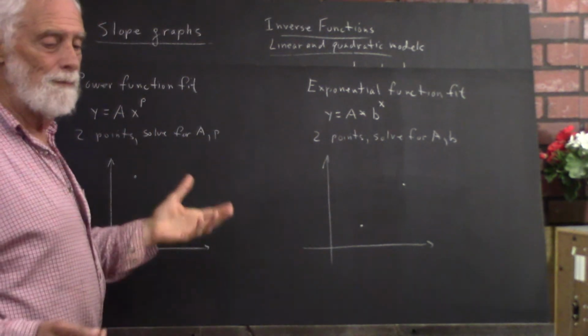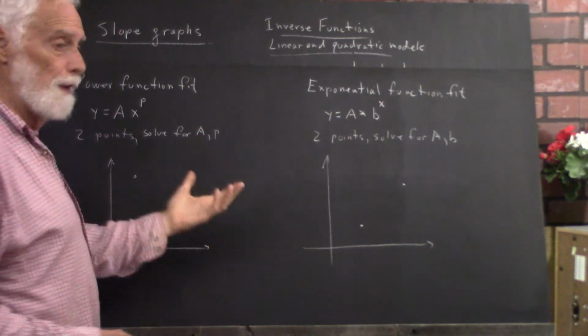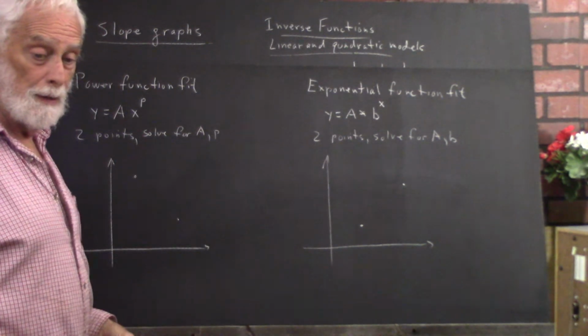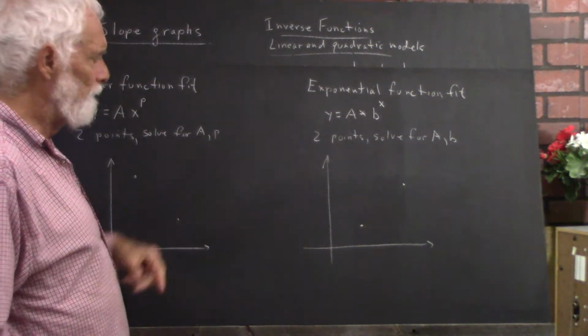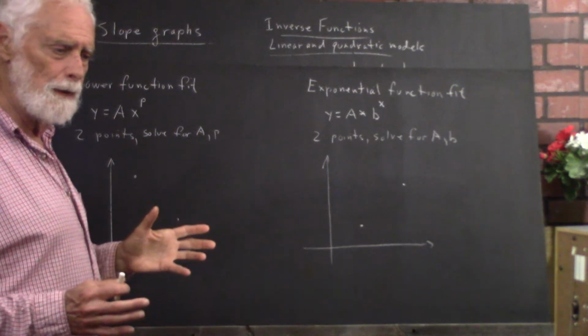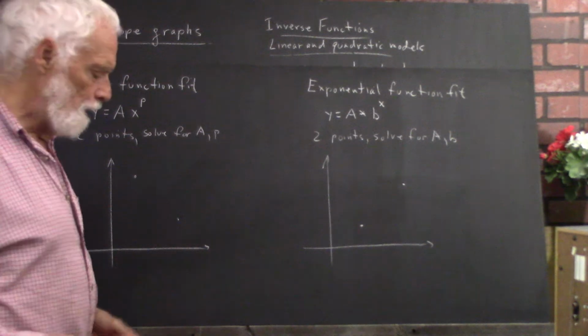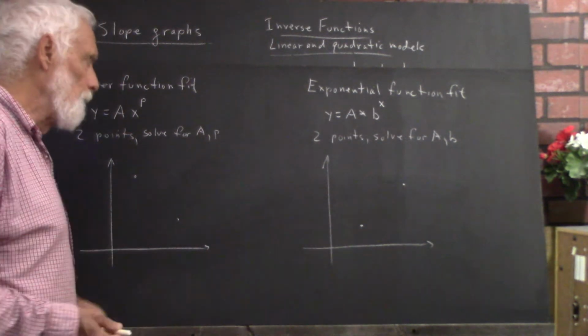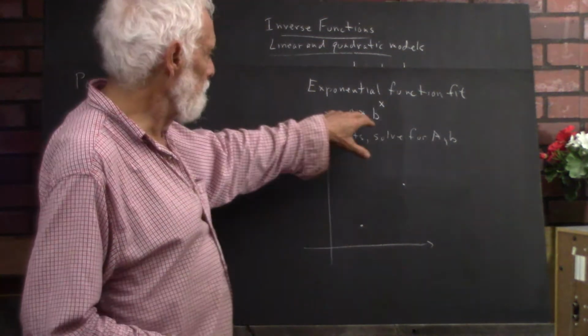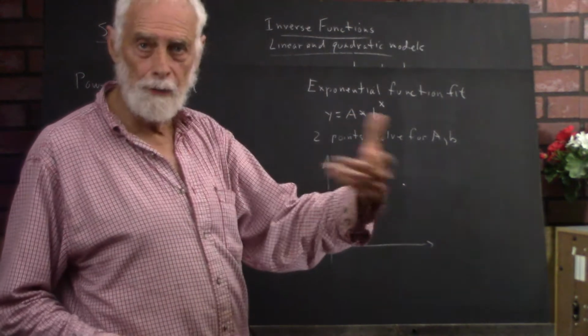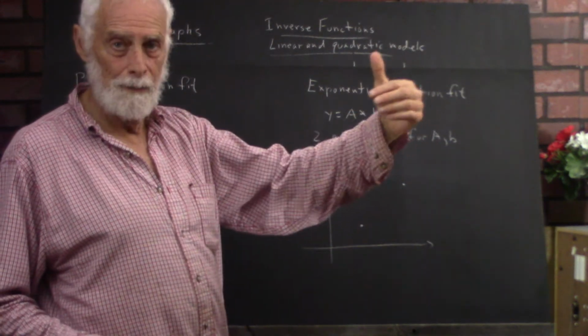And it turns out that the inverse of any power function is a power function. So we're kind of expanding our vocabulary of functions, but we can still understand them in terms of the basic functions. And for exponential functions, it's a multiple of b to the x. Now your basic exponential function is 2 to the x.